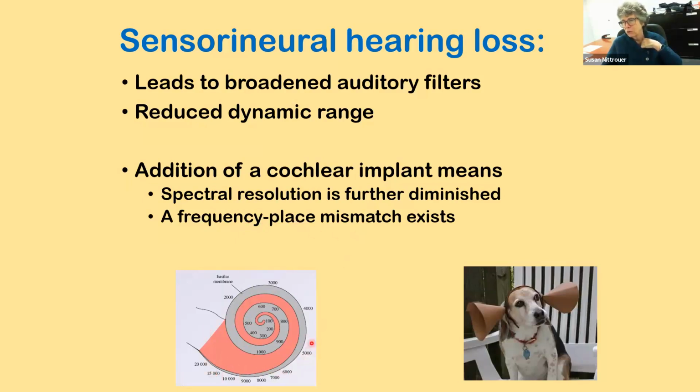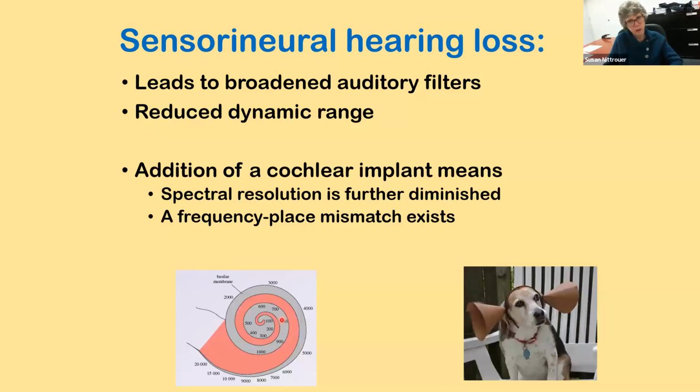Because the electrode array cannot go all the way to the end of the cochlea, where the signal, say the 200 hertz signal, is being delivered is a region of the basilar membrane that might typically code 700 hertz. Okay, so there's a mismatch between where the signal of a certain frequency is being delivered and the frequency that is typically coded by that point in the basilar membrane.